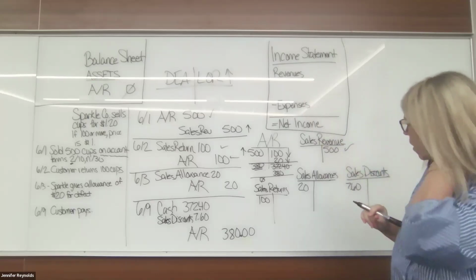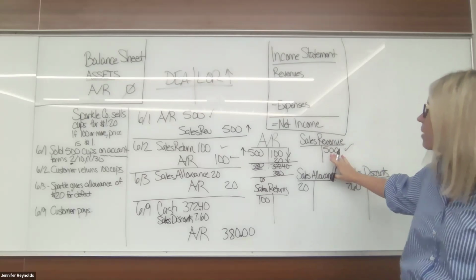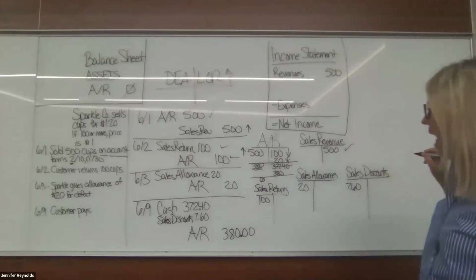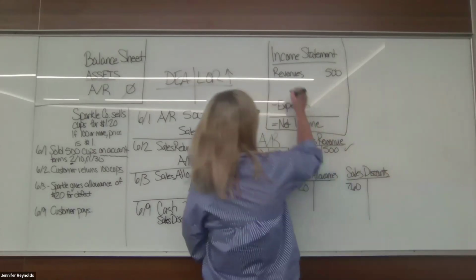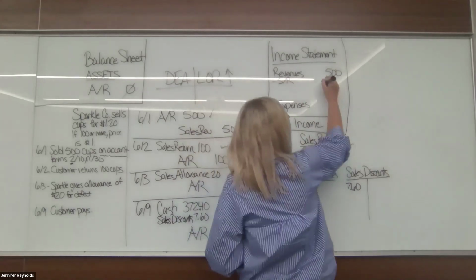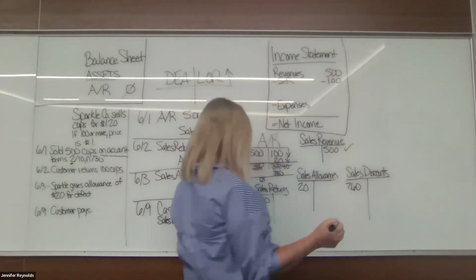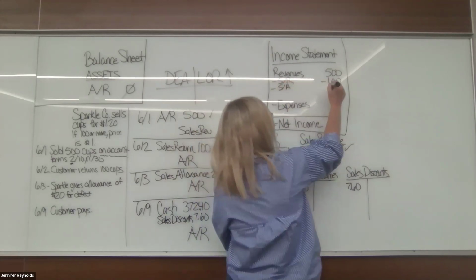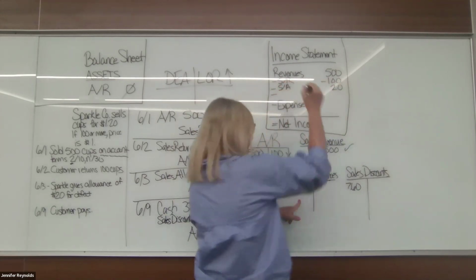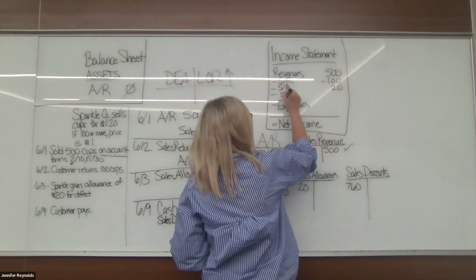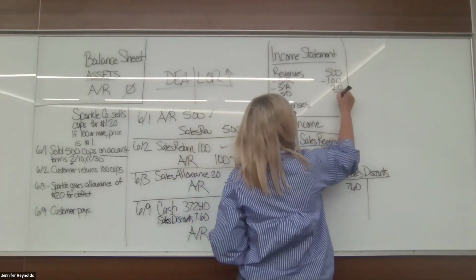So let's just report all this and see what it would look like. I would have $500 in revenues, and then I would have sales returns. So minus, I'm going to say SR, and y'all are going to know what that is. Minus 100 of sales returns, minus 20 of sales allowances, minus $7.60 of sales discounts.